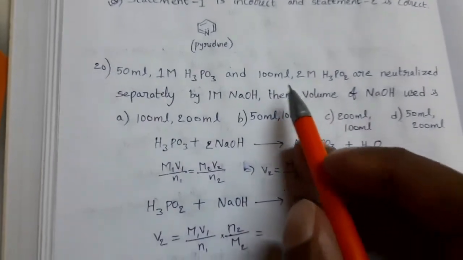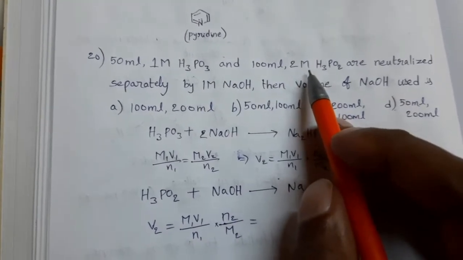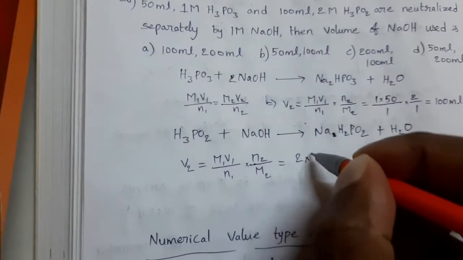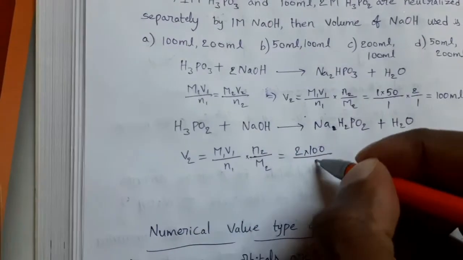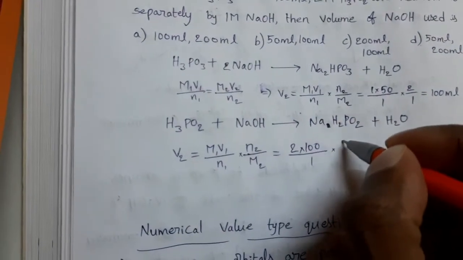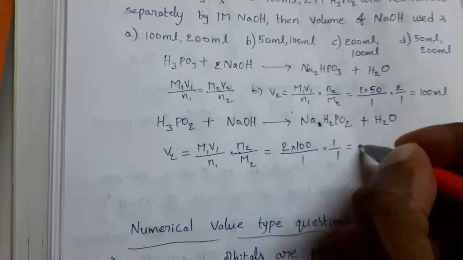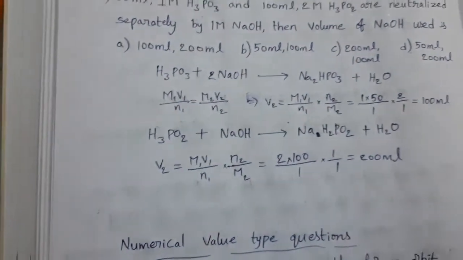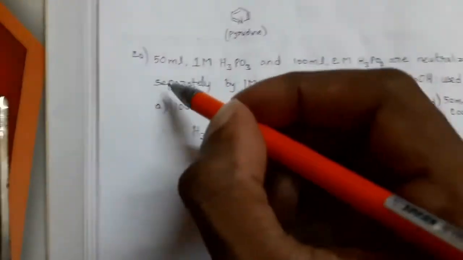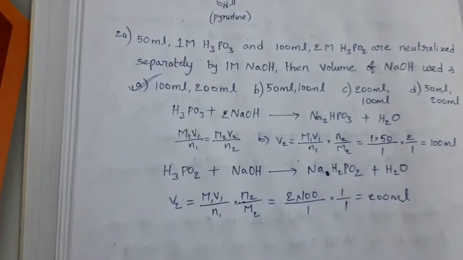For this acid it is 2 into 100, divided by number of moles of acid 1, number of moles of base 1, molarity 1, so that equals 200 ml. So 100 ml and 200 ml means option A is the answer.